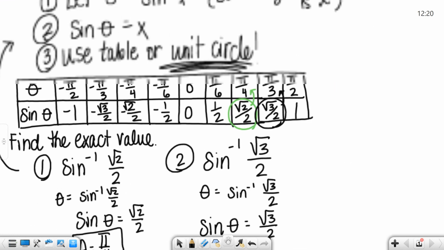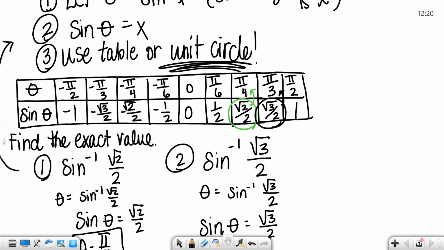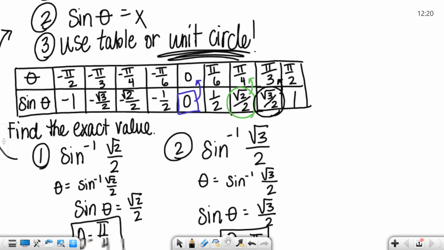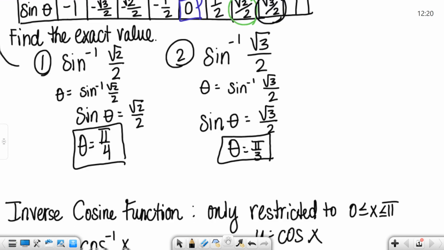Here we are at our sine table. We're looking for where the sine is 0. I'm going to do this in purple. The sine is 0 right here. We're looking for the theta that goes with it, which happens to be 0, from using the table.